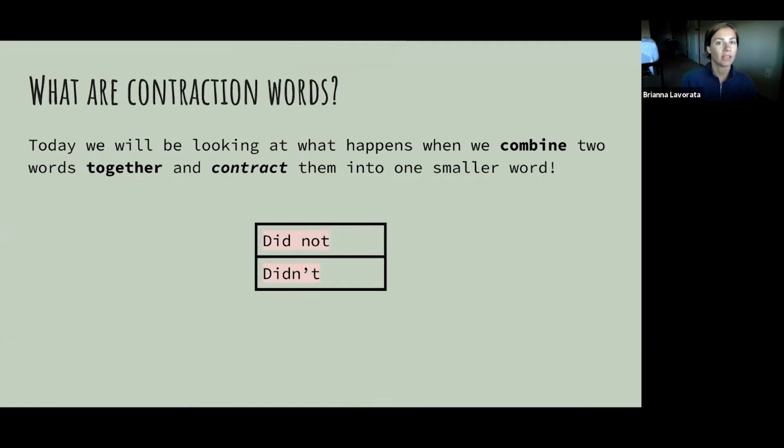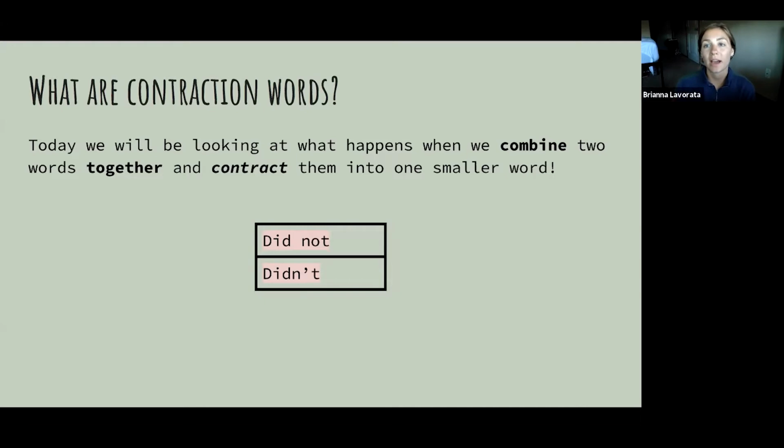So we're going to be looking at what happens when we combine two words together and we contract them into one smaller word. And we're going to be modeling that today by combining two different words and making them become one.